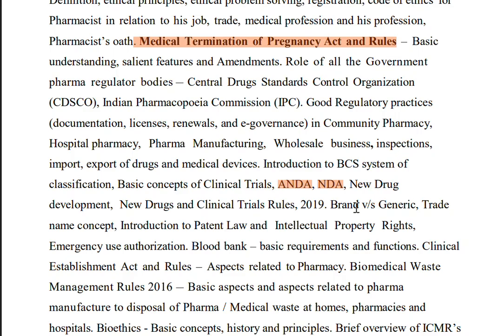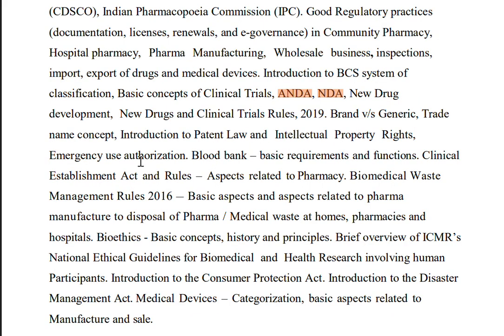What is the difference between branded and generic, and patent law and IPR, and then blood bank: what is the collection method? What are the criteria for blood bank establishment? Like that, we have to focus on management rules 2016 and basic concepts of bioethics.